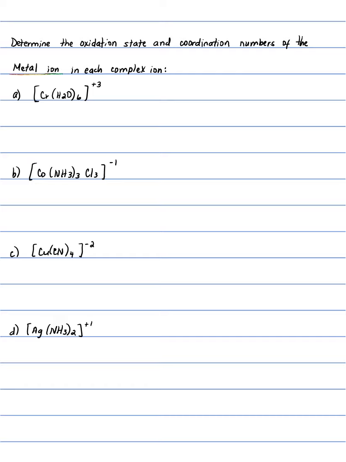So from the formula, you can actually determine that coordination number. And look, you have 6 water molecules bonded to that chromium. It means that your coordination number for this specific example is 6.